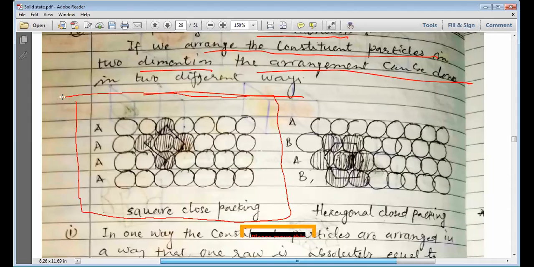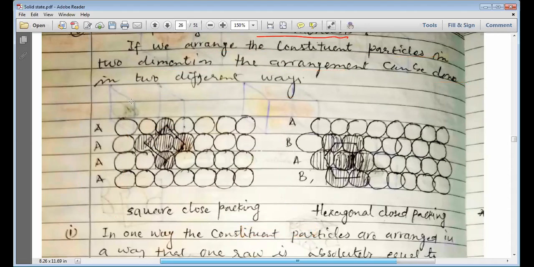You can see that the first way, which is here, is known as the square close packing. In this method, we arrange all the particles in the same line, and we do not leave any gap. They are all arranged in the same manner. One particle is above the other particle, exactly in the row of the other particle.